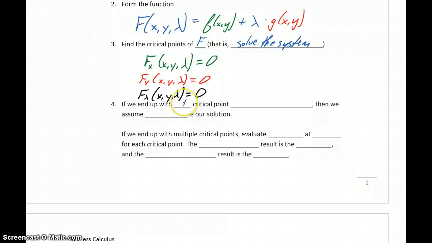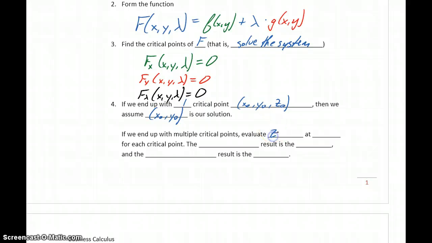If we end up with one critical point, so one coordinate triple x naught, y naught, z naught, I should say, we'll find a particular value for x and a particular value for y. Plugging those into the original objective function will give us some z coordinate. Then we can assume that x naught, y naught, whatever values we found for x and y by solving this system, is our solution.